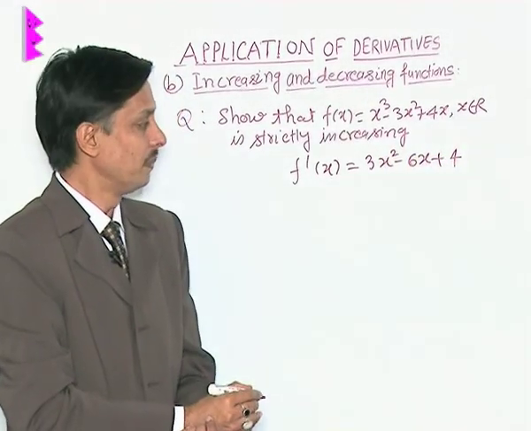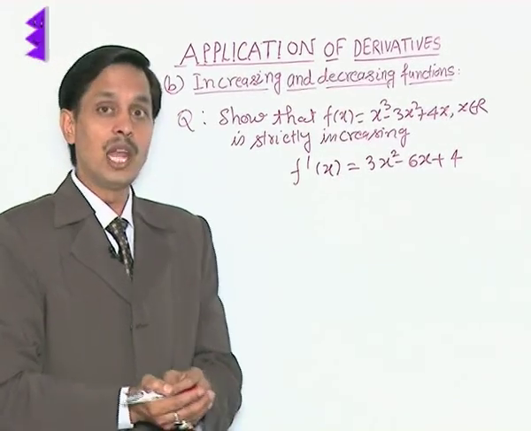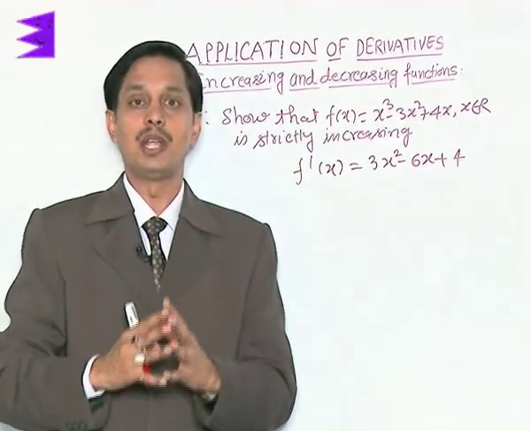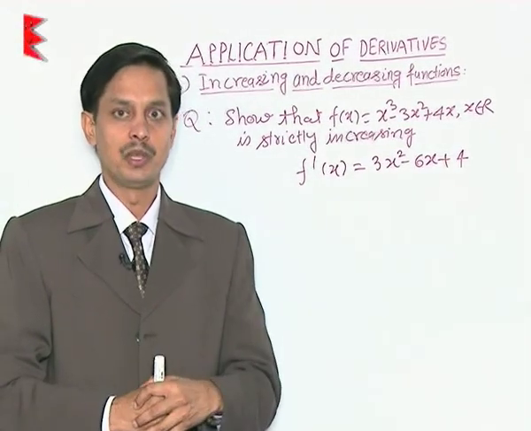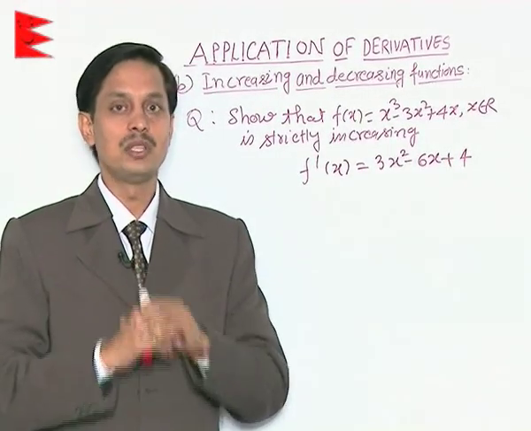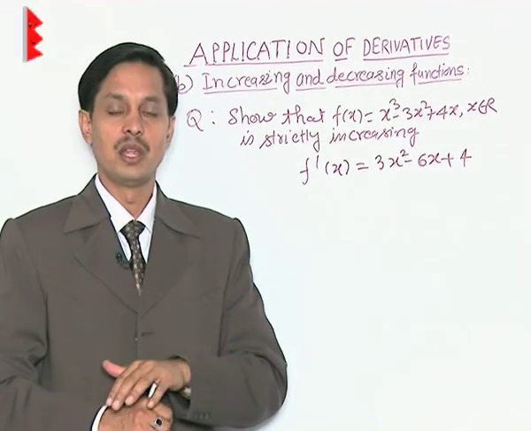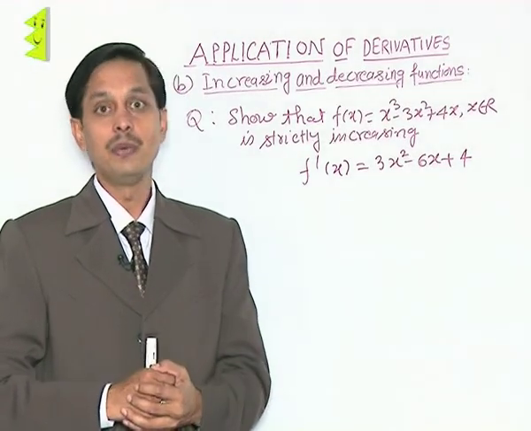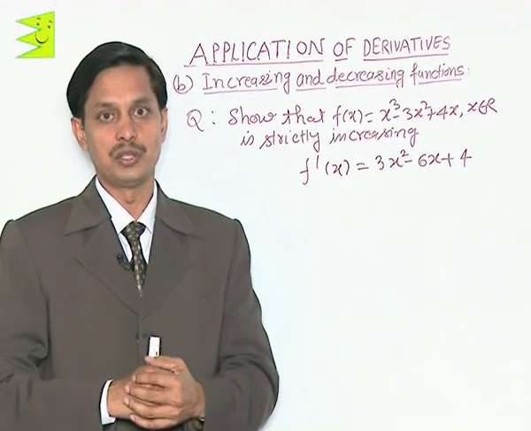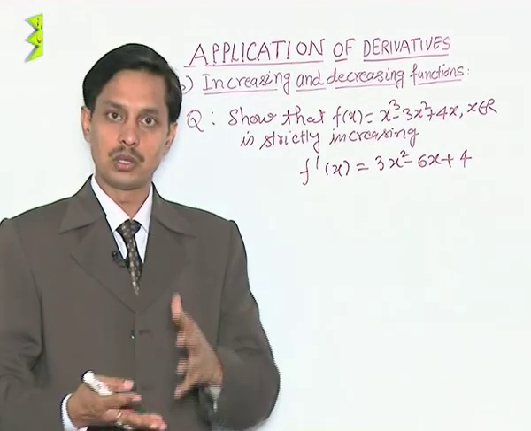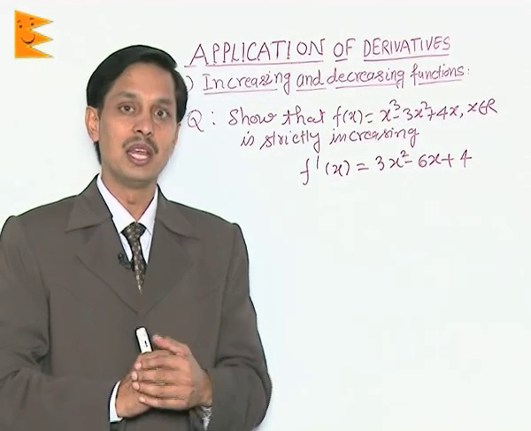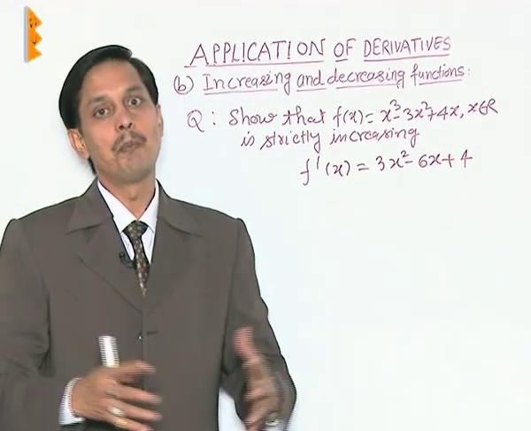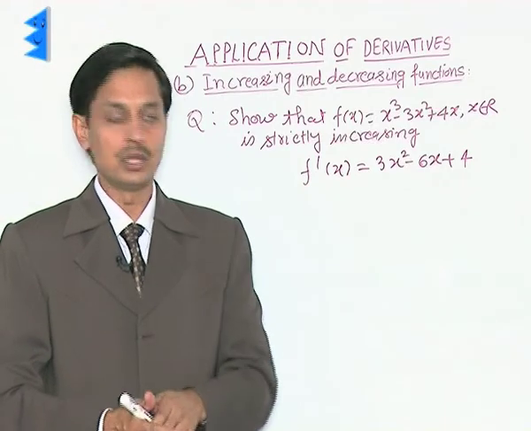If the value of the first derivative becomes positive, then the function is always strictly increasing, and if it is negative, it is strictly decreasing. And if both, then in some part of its domain it is increasing and in some part it is decreasing.